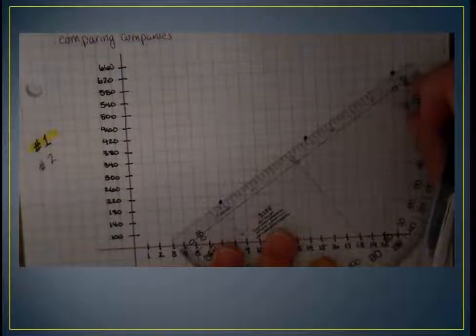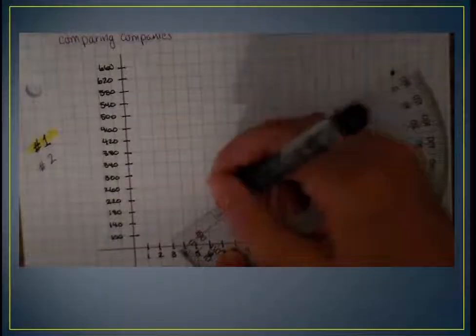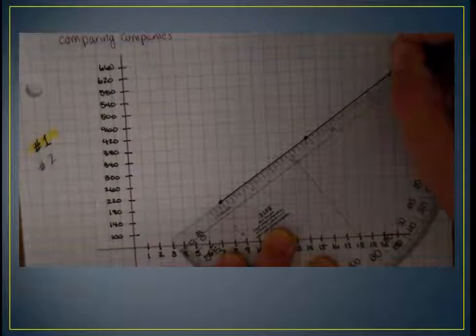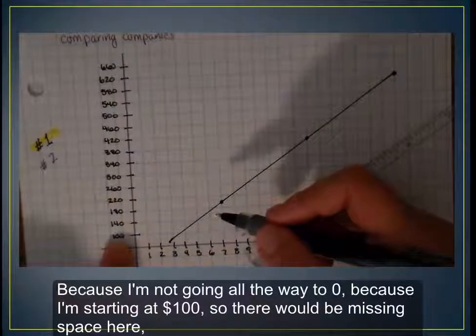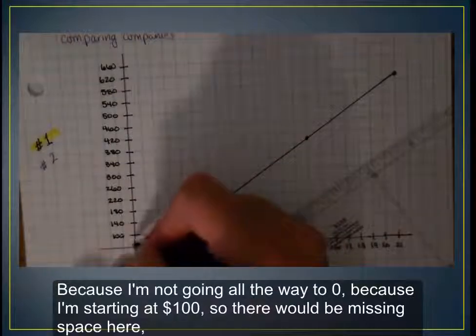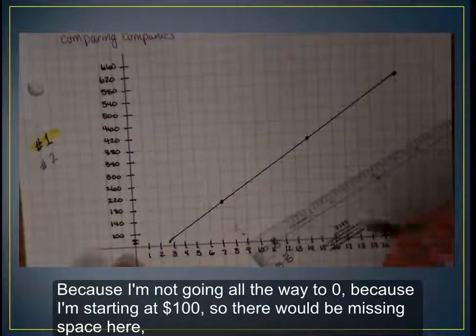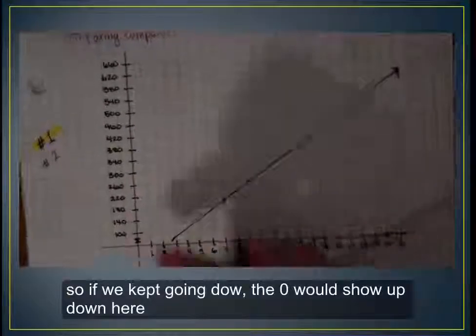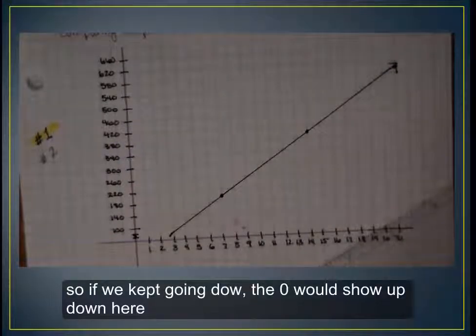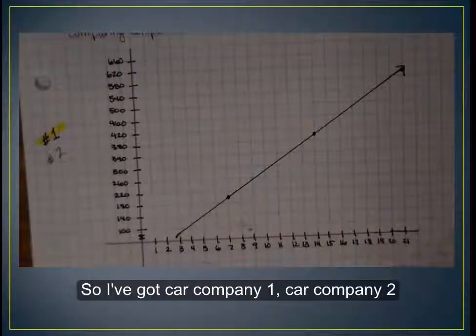I can't go down below, I'm not going all the way to 0, as you can see, because I'm starting at 100, so there would be missing space here. So if we kept going down, the 0 would show up down here.